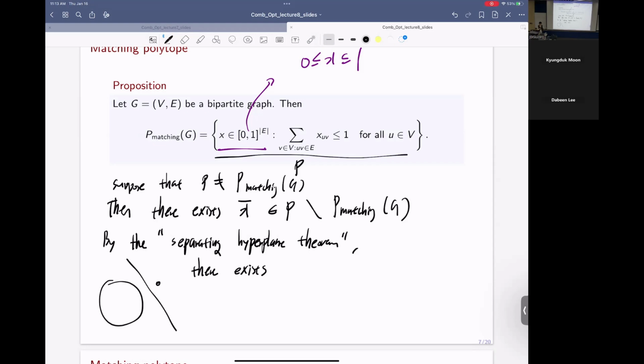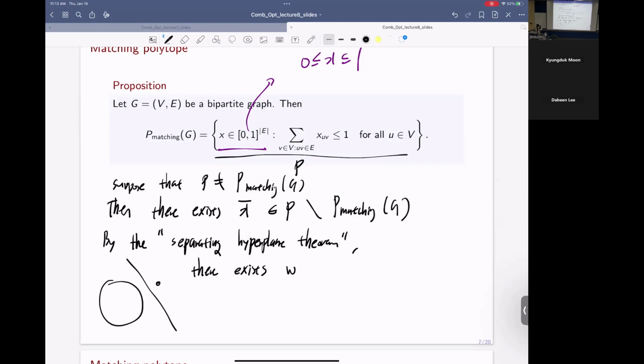The separating hyperplane theorem does not just work for a singleton; it can work for general closed convex sets. But let me just stick to this version. If you are interested in the original version, you can search the web, and you will find many versions of it.